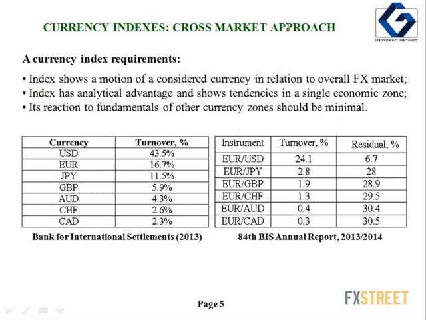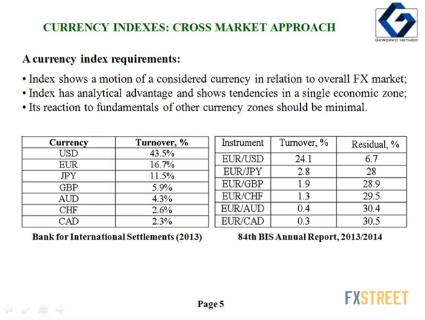So, a currency index is an instrument which is used to show the motion of the considered currency in relation to the overall FX market. The most liquid instruments should be taken into account. A basic currency is considered against its major counterparts, for example, euro against franc, yen, USD, and British pound simultaneously. A currency index has an obvious analytical advantage.